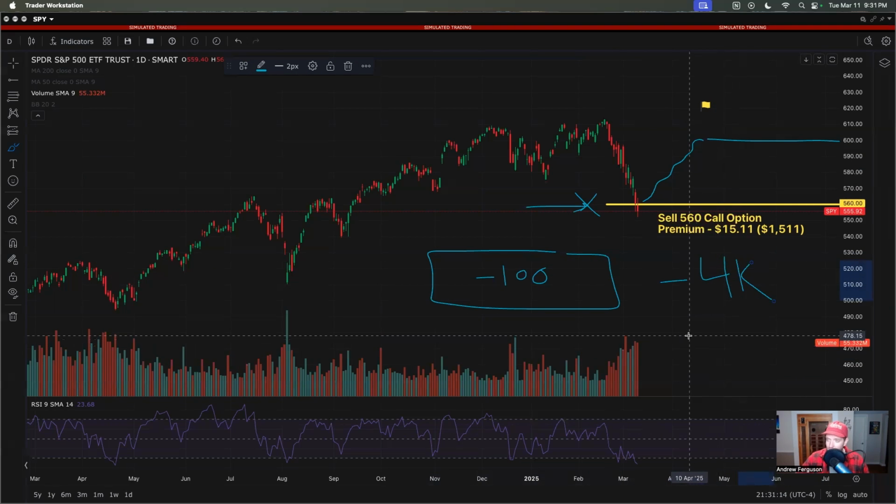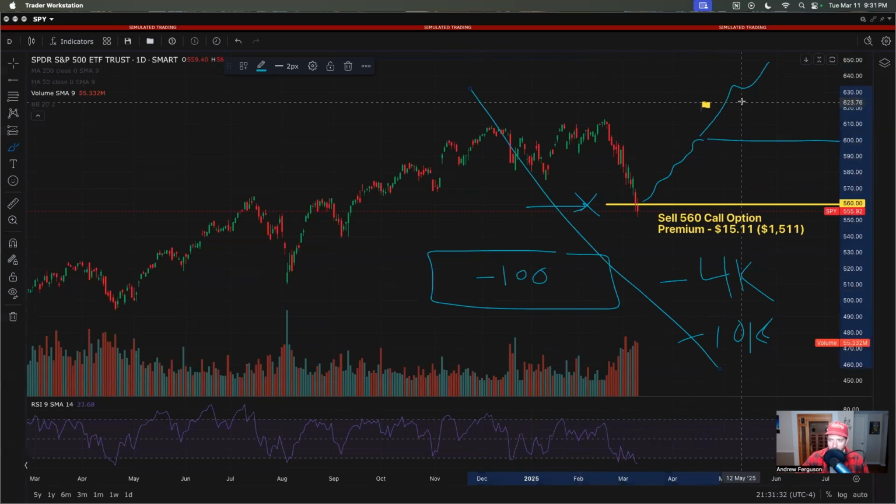And the really scary thing is if it doesn't stop at 600, if it goes up to 700 or 800, you go from 4K, right? You can go up even higher. You can get up to 10K, 20K. Like the stock price of the SPY or whatever it is can go up infinitely to whatever number. So it's technically an unlimited loss scenario, which is a bad idea to do this as an uncovered call.